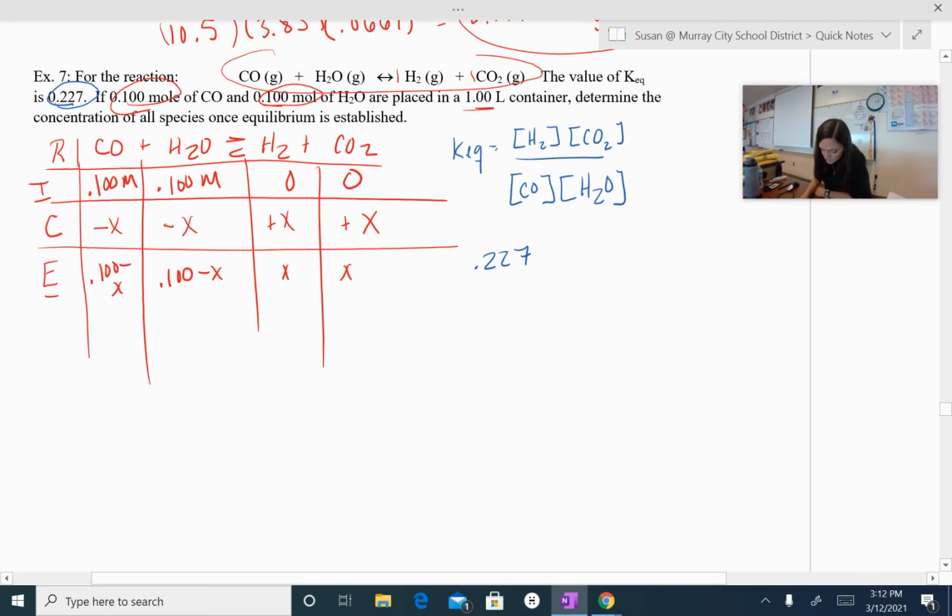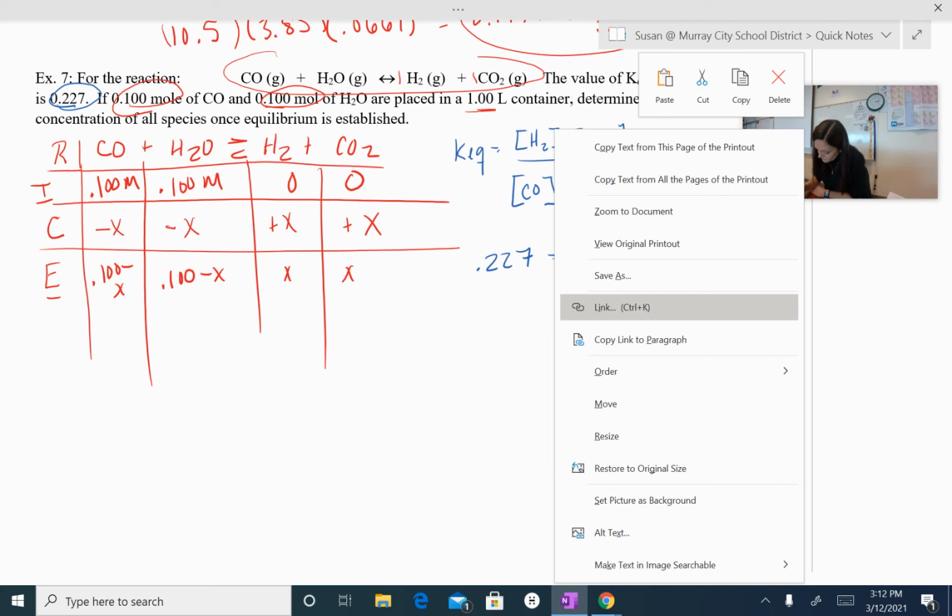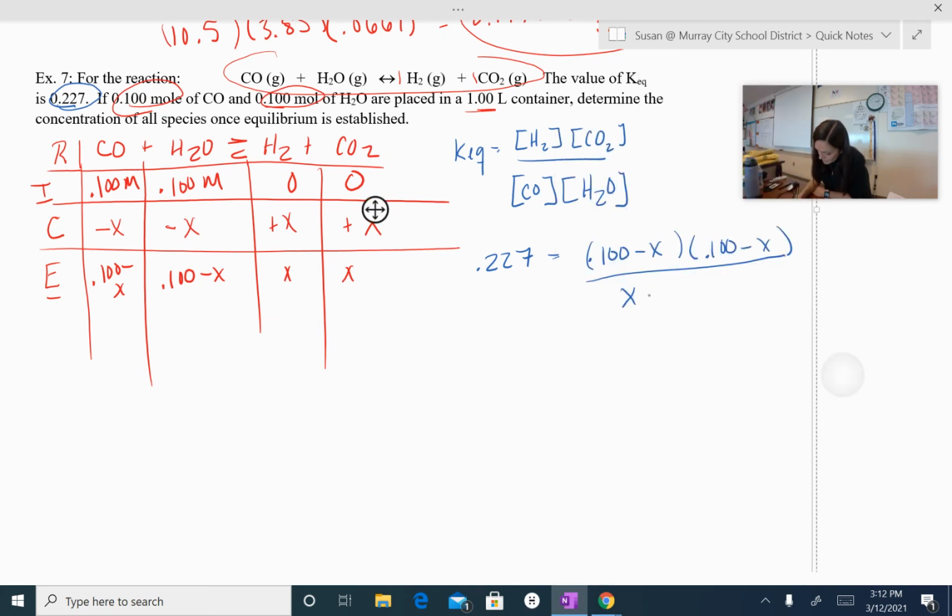My concentration of hydrogen is 0.1 minus X, and my concentration of carbon dioxide is 0.1 minus X. And my concentration of carbon monoxide is X, and my concentration of water is also X. So I'm going to simplify that a little bit to 0.227 equals 0.1 minus X squared all over X squared.